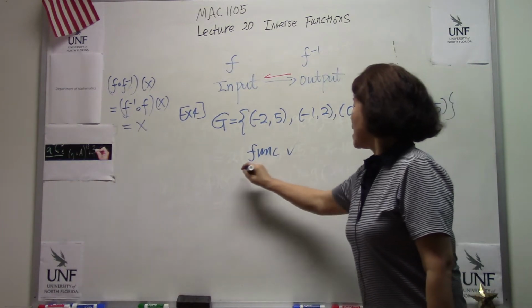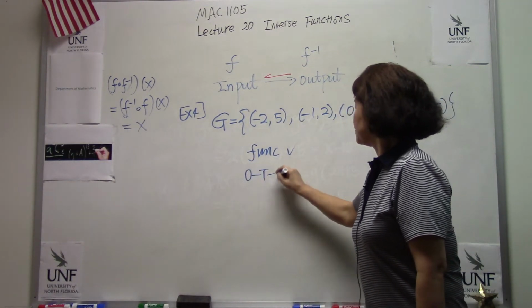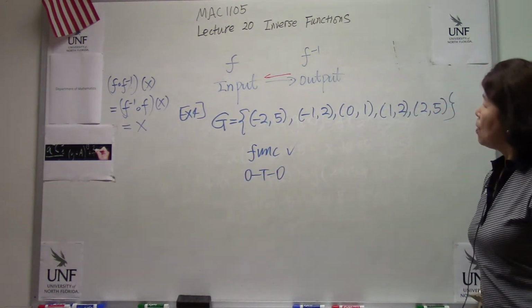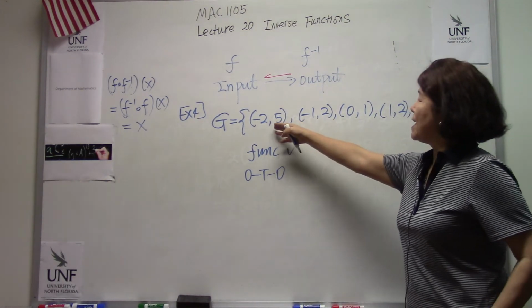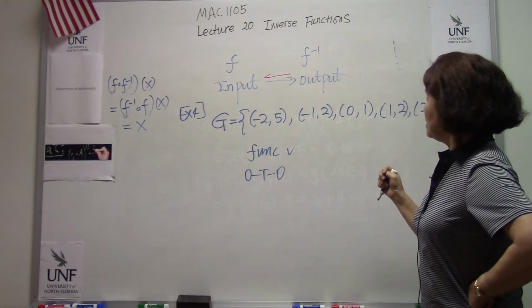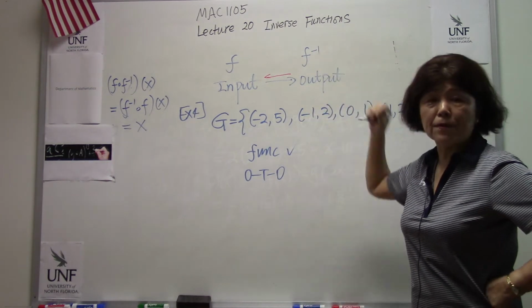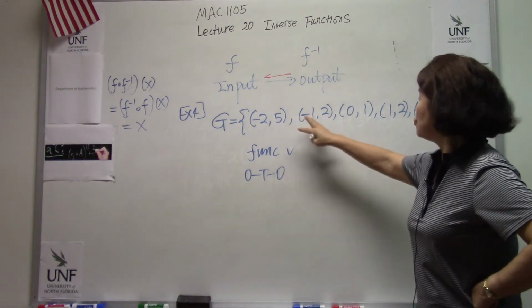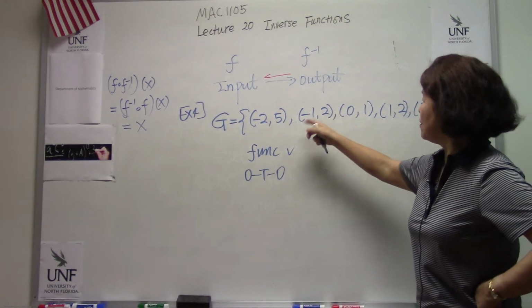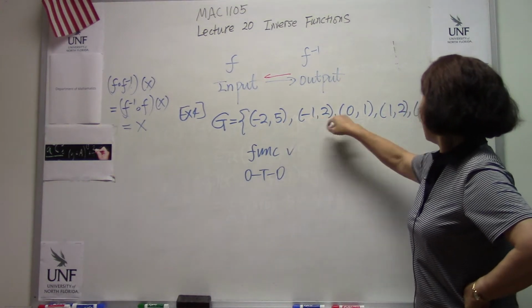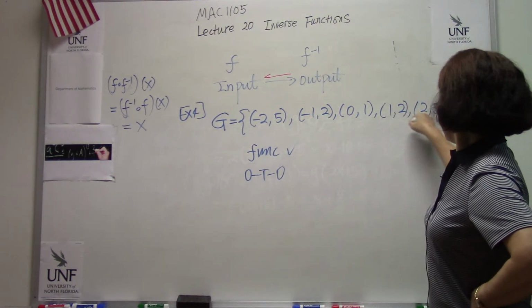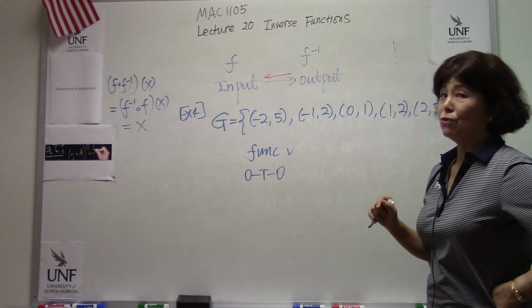Check. Is this one-to-one? One-to-one means, yeah, we verified that all the inputs are all different. That means the outputs are all different also. Okay? You should not see any repeats in y values. 5, 2, 1, 2, 5. Oh, is it one-to-one?